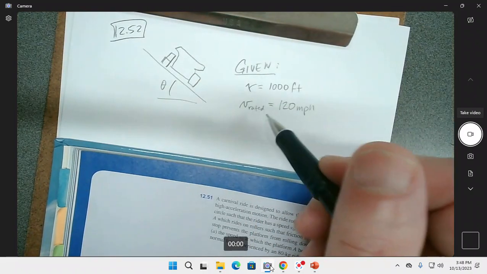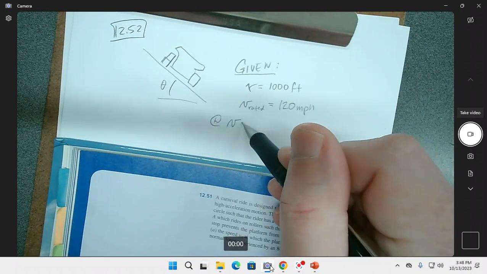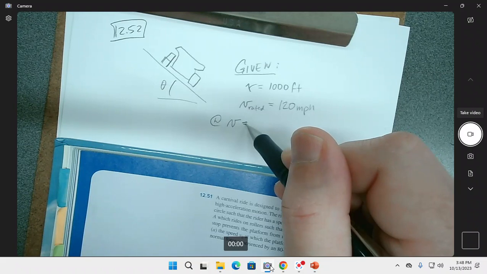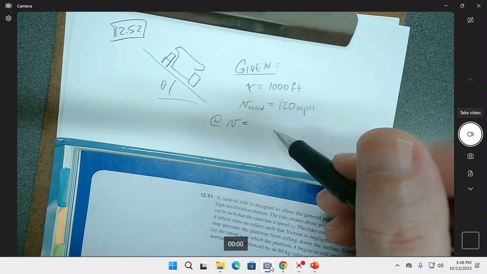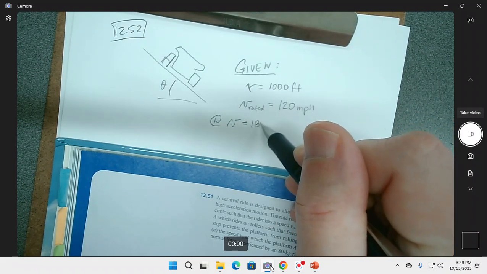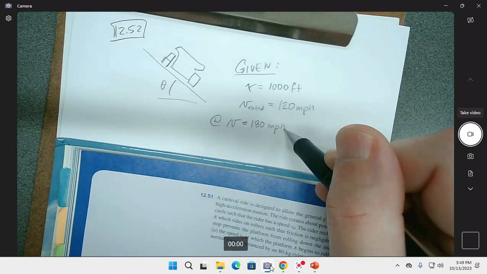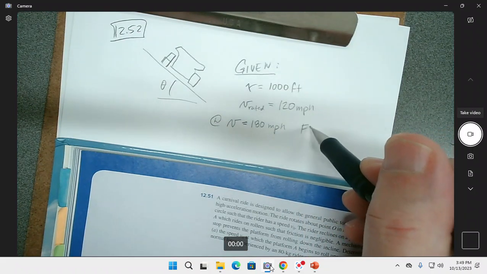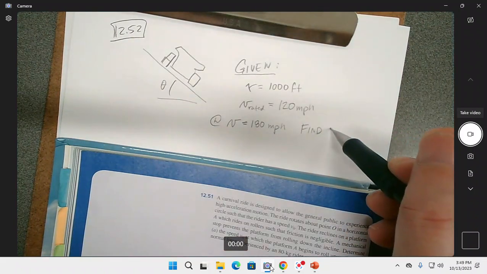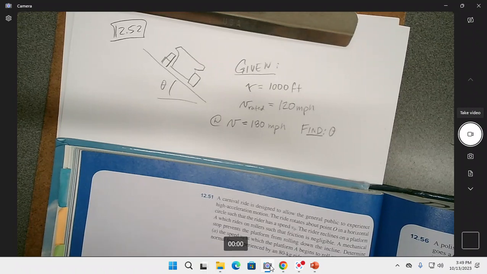So we have to look that up here a second. The car starts skidding on the curve traveling at 180 miles per hour, and we want to find theta. I'm trying to remember off the top of my head right now.